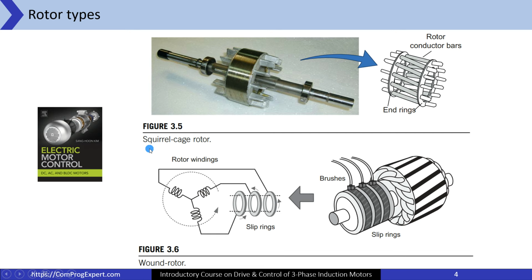In the case of the squirrel cage rotor, we have a laminated rotor core, and the cage of the rotor is manufactured using die cast technology. Here we have end rings, and these are rotor conductor bars that are skewed to reduce the noise and the torque ripple. You know these concepts.